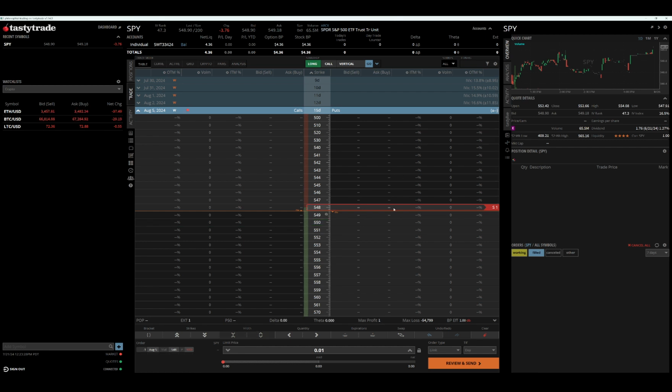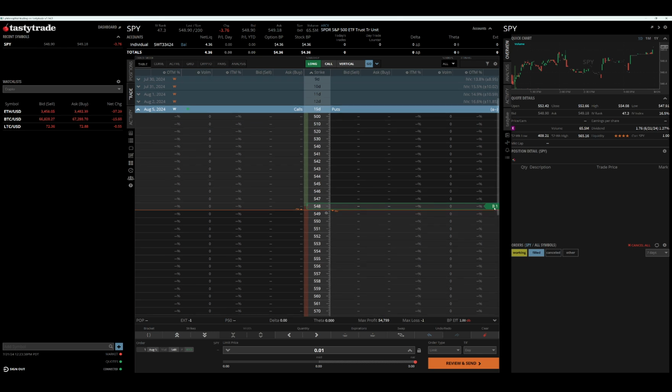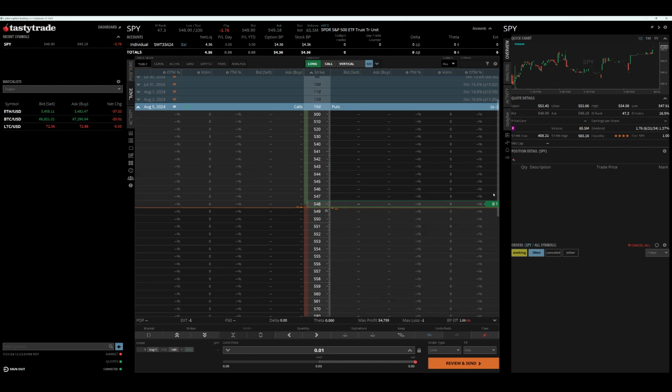There we go. See, it's green, it means I'm buying. But buying a put on the right side here with a 548 strike price indicates that by the end of the 15 days, I'm hoping that the value goes down.